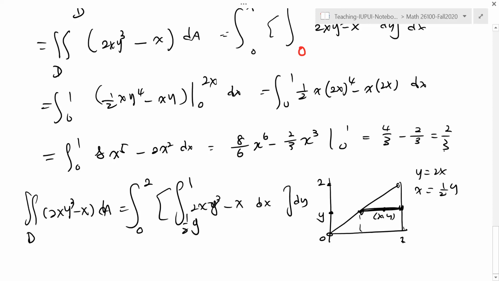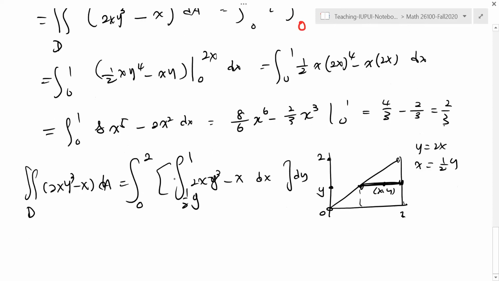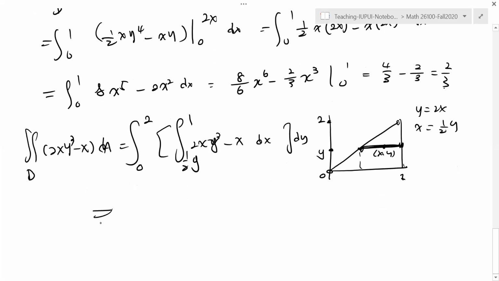Now if you write this, if you switch those two integrals and put the half y outside the integral, that immediately tells me you don't understand iterative integrals.